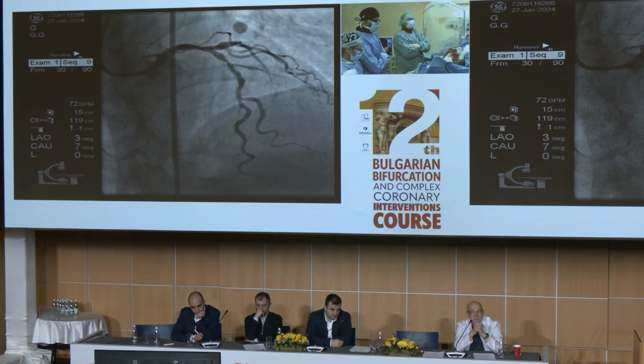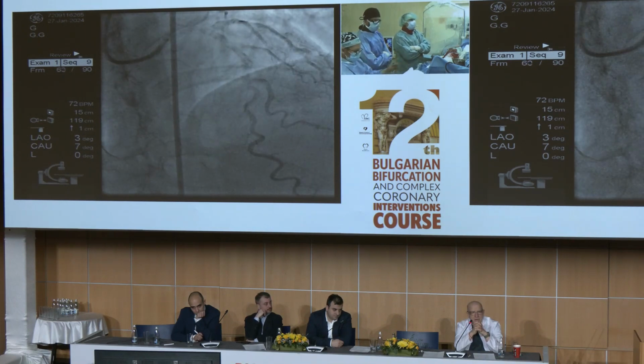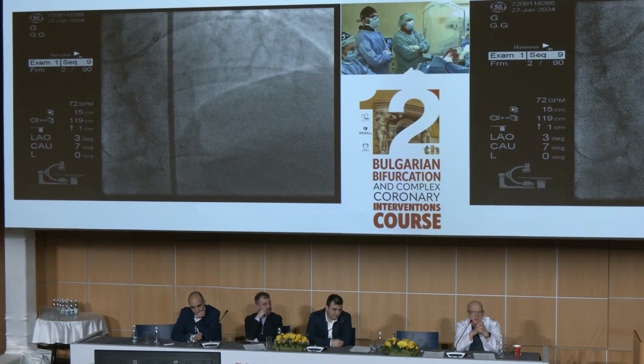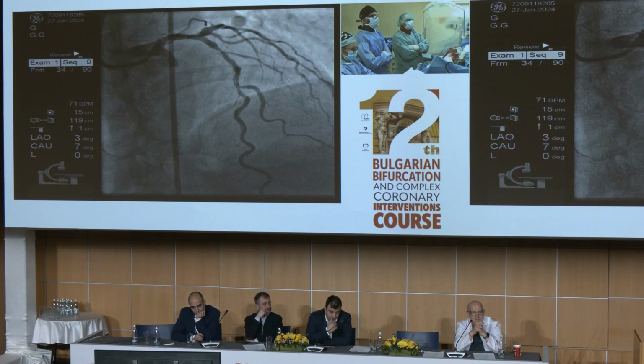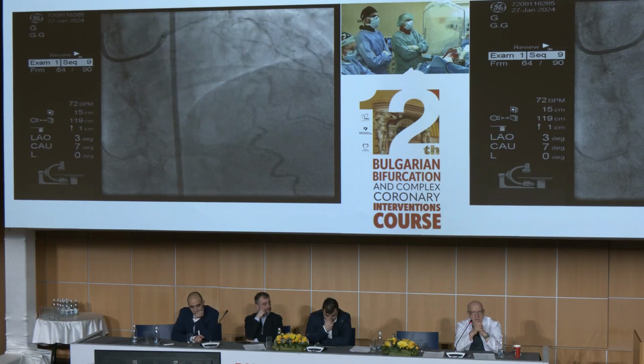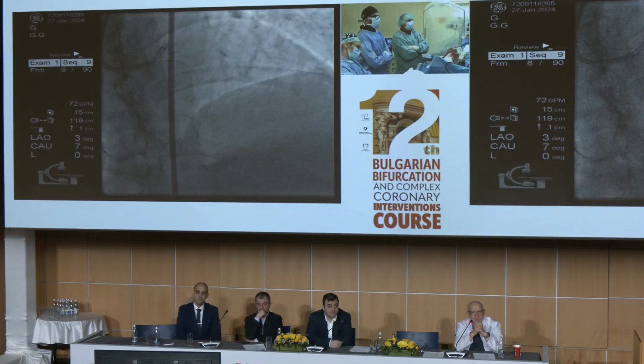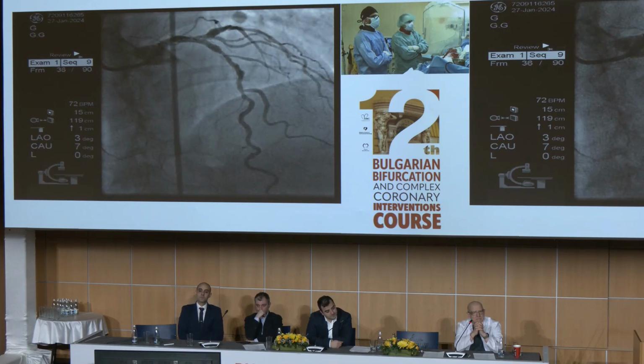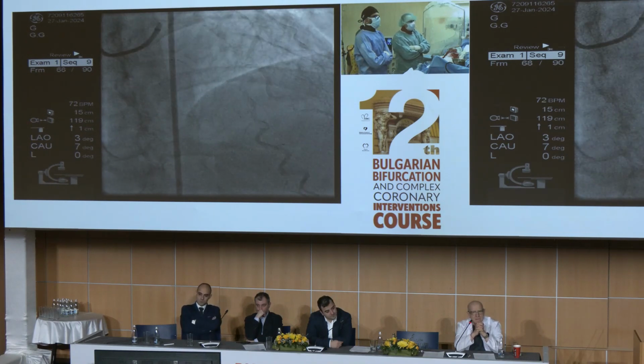Definitely. Another point of view is that we have another area with troponin rise, because we know that rotablation is paid off with some troponin rise because of the microcirculation. Well, it depends.